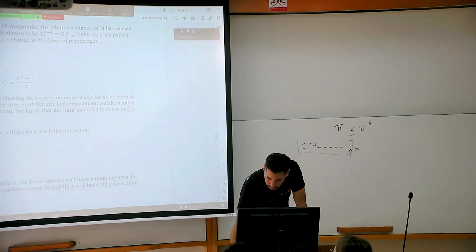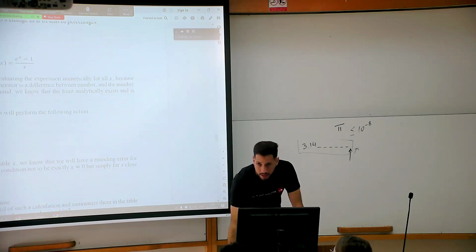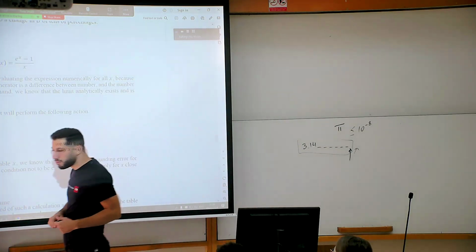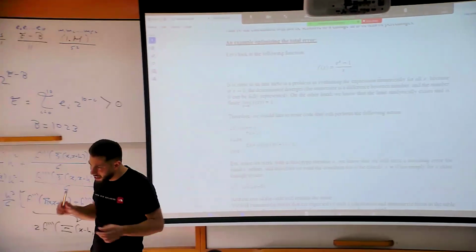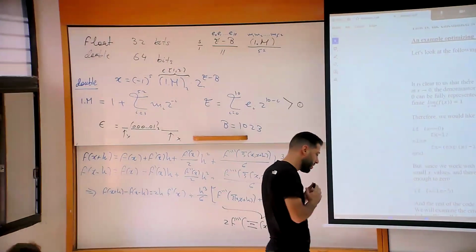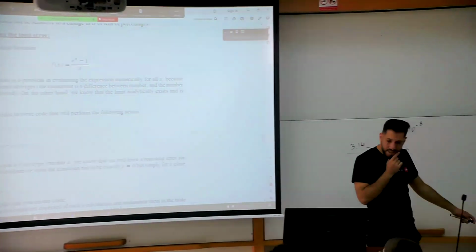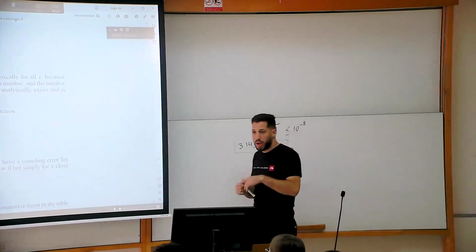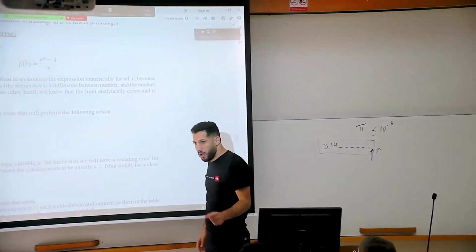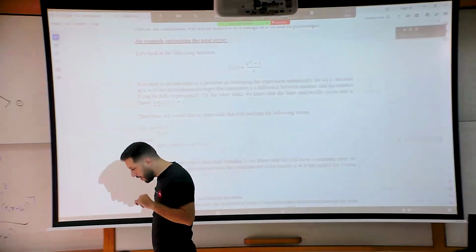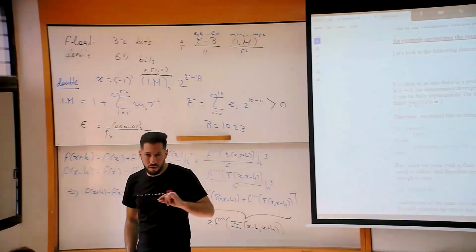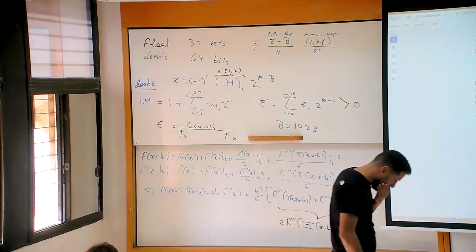But for now, let's see this example that thinks about the total error, and it's again a very, very basic and simple example. Let's say that we want to calculate this function when the x is small or very, very small.